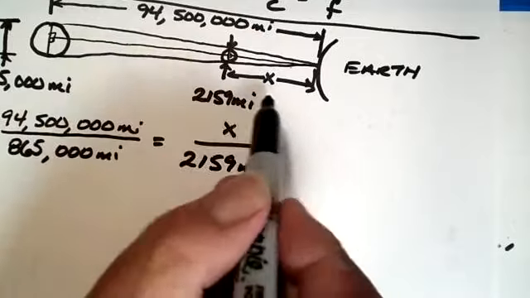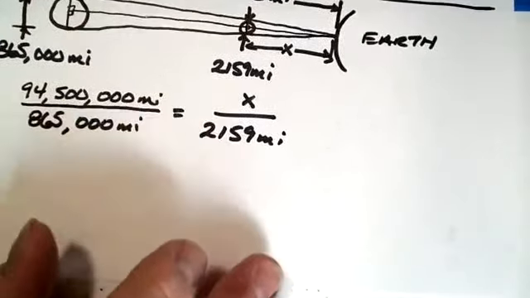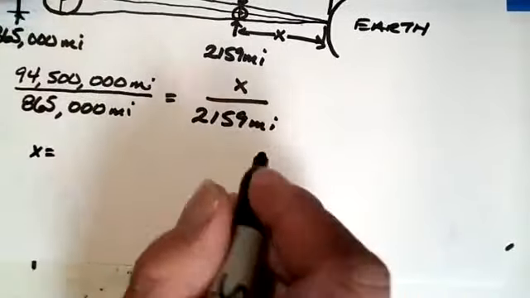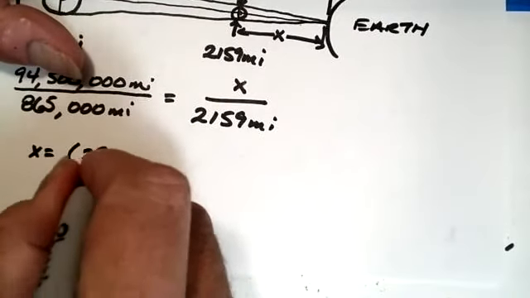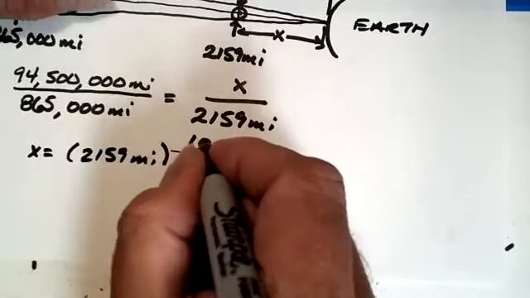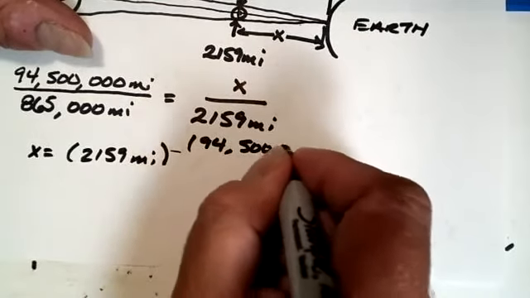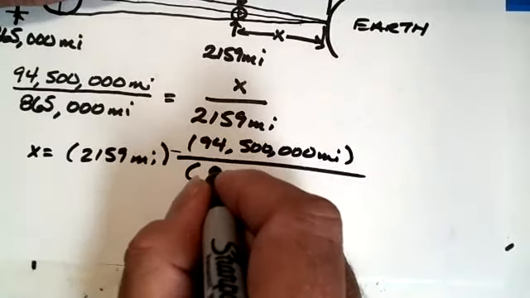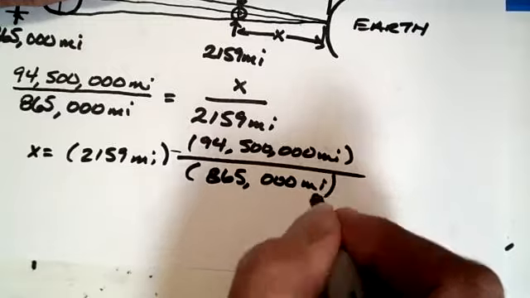Now, you might have a distance and then have to find a size or whatever else, but it's the manipulation of these two results. So algebraically, x will be equal to the product 2159 miles times the ratio 94,500,000 divided by 865,000 miles.